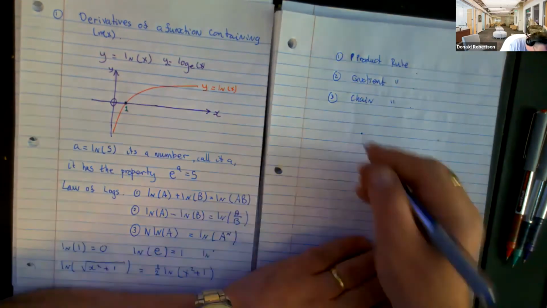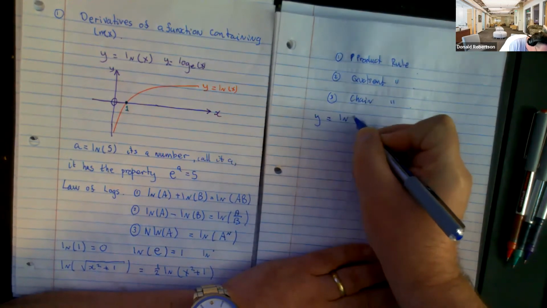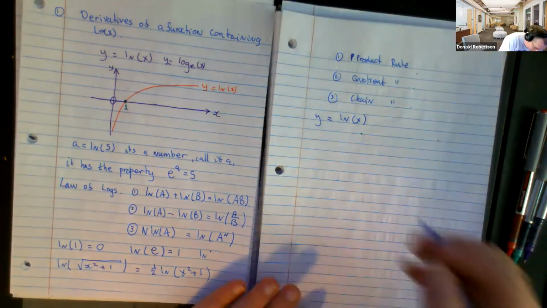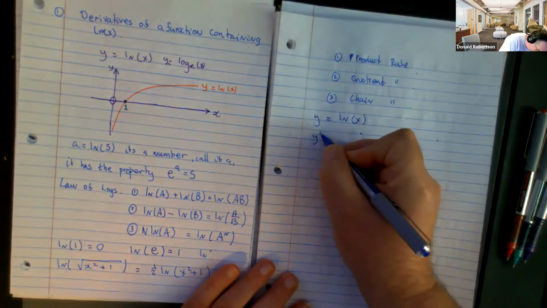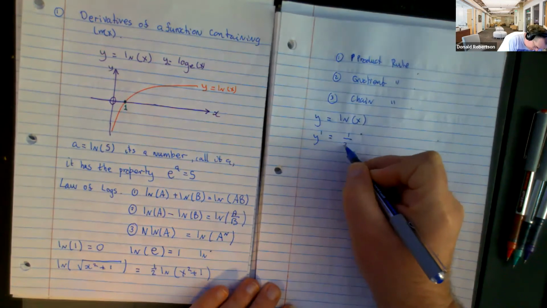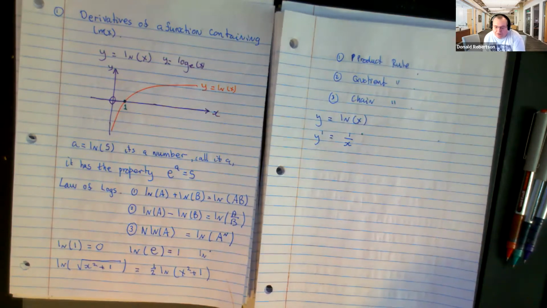So let's show you what the derivative of the natural log of x is equal to. Oh, that might have been a surprise. The derivative of the natural log of x is just 1 over x.